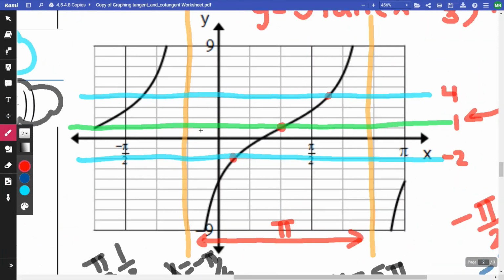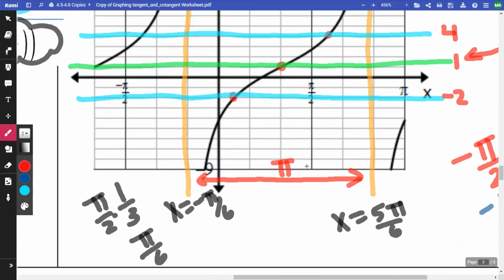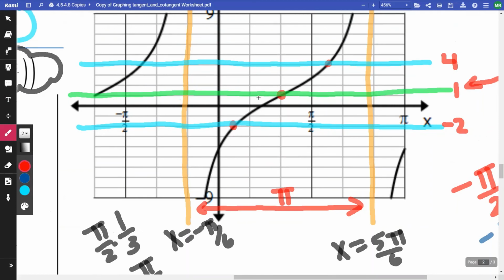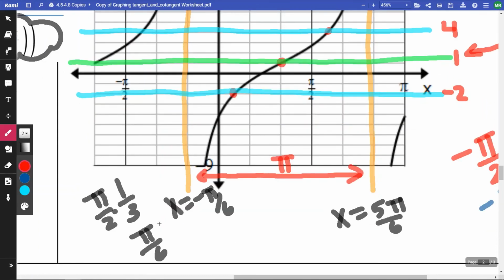We're basically going by pi 6 here. If I'm looking at my y equal 1, I have pi halves split into thirds, which makes them each a pi 6.